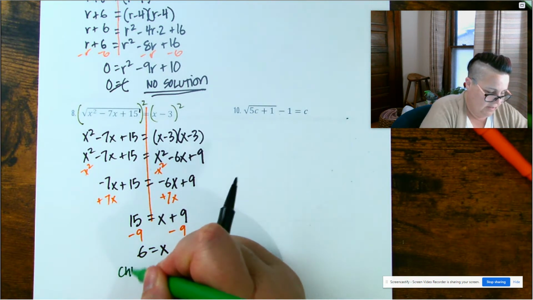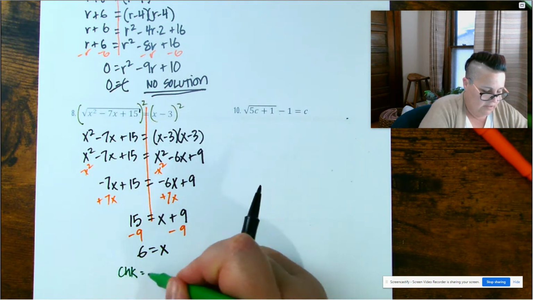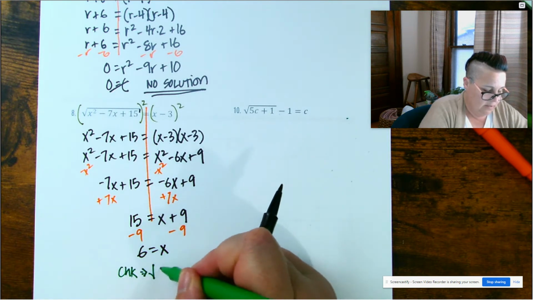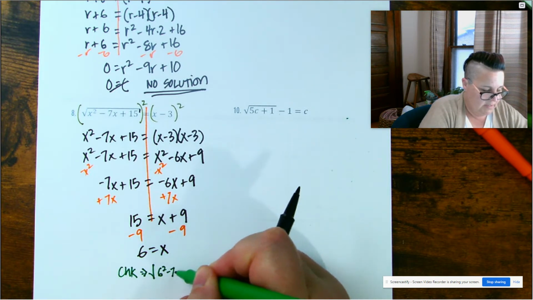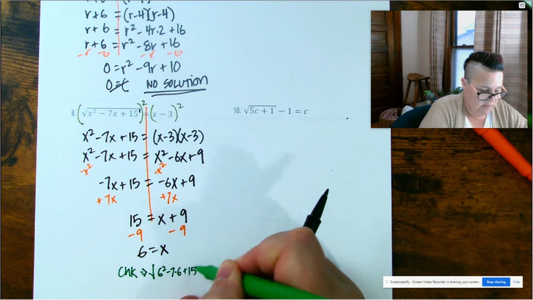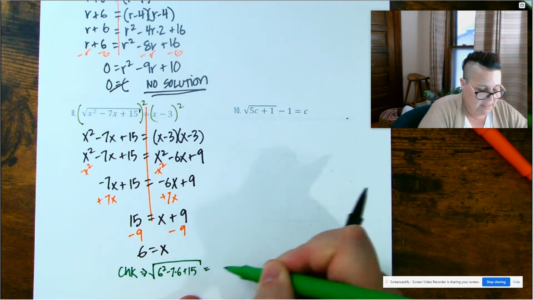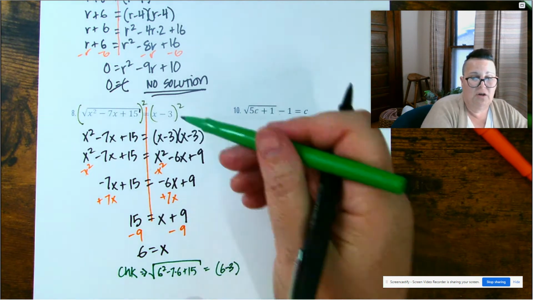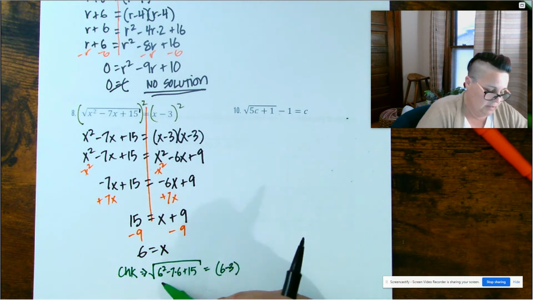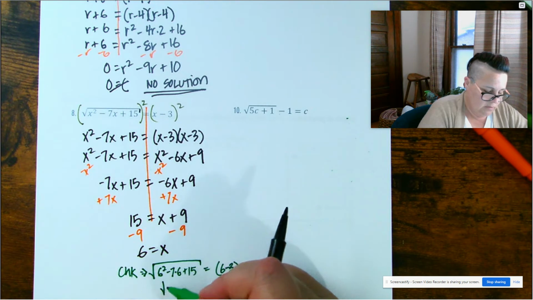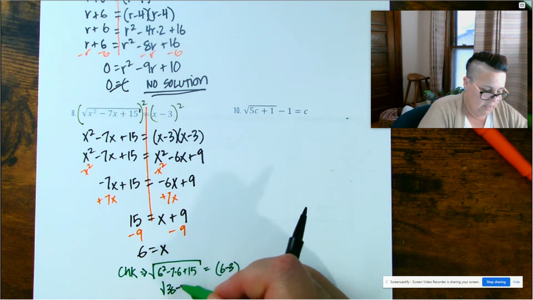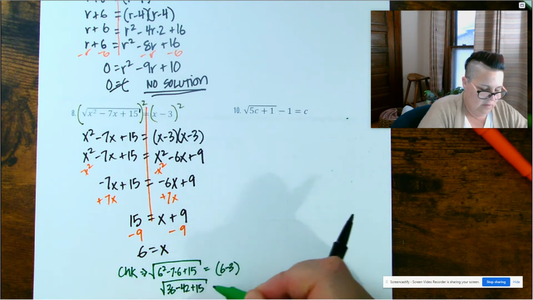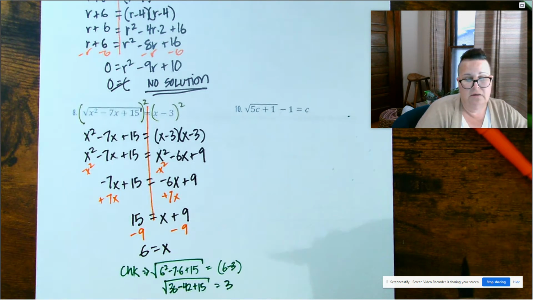So if I'm going to check this one, I'm going to check the square root of 6 squared minus 7 times 6 plus 15. And I want to see if that equals 6 minus 3. So I want to check always in the original equation. So this is going to be the square root of 36 minus 42 plus 15. And is that equal to 3?